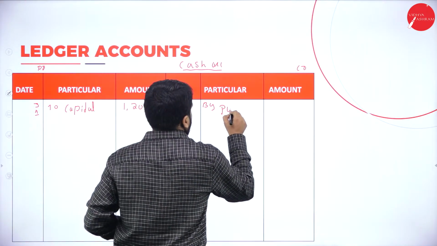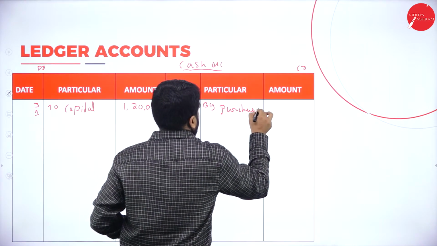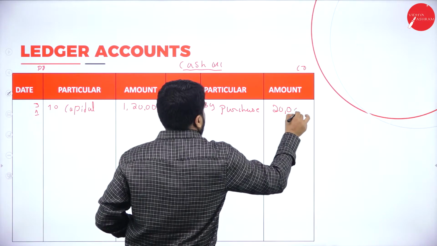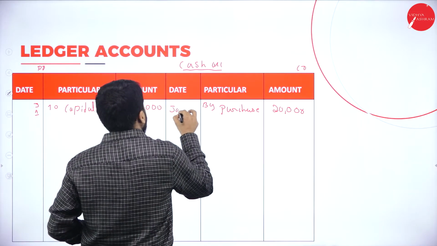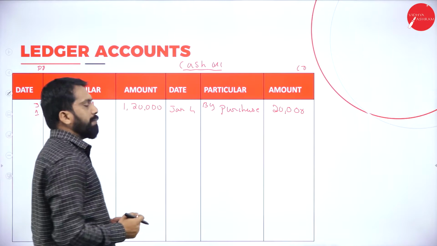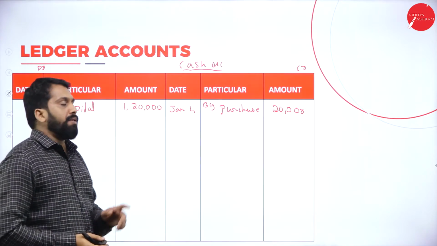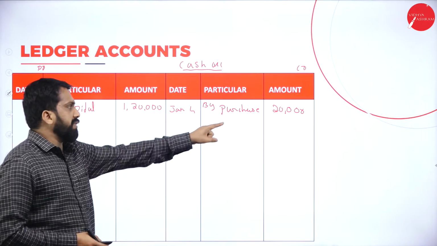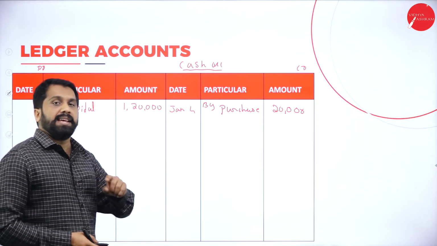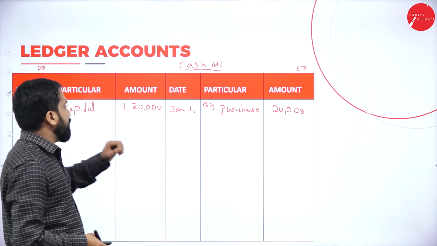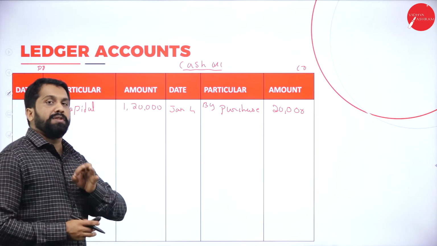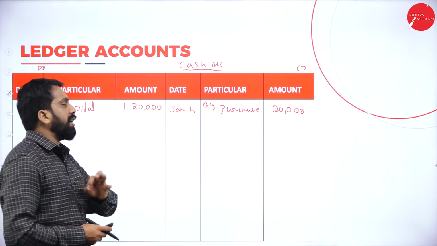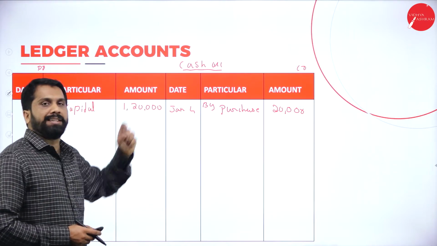January 4th. Up to this, any doubt? No. Which account are we preparing? Cash. In the journal entry, if cash is down, we write the credit side. In the journal entry, if cash is up, we write the debit side. That's it. We should concentrate only on cash, because we are doing the cash account.